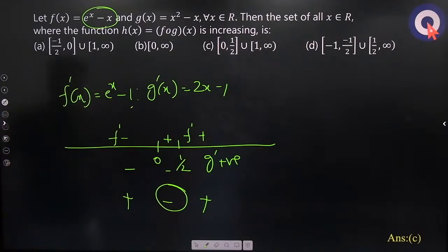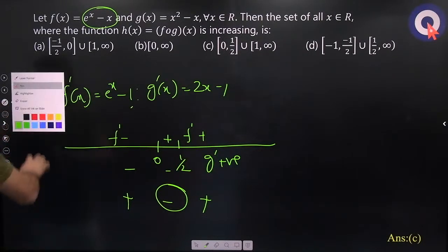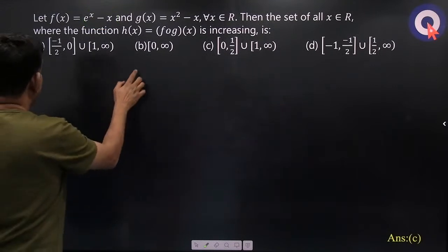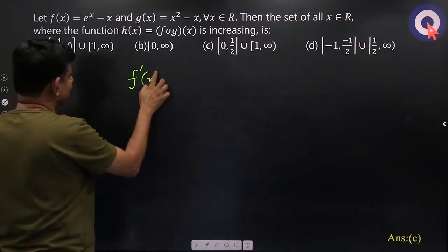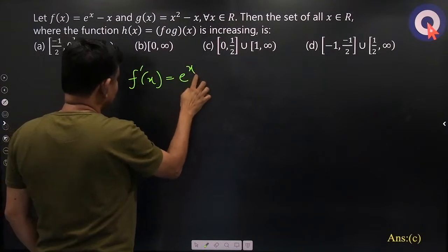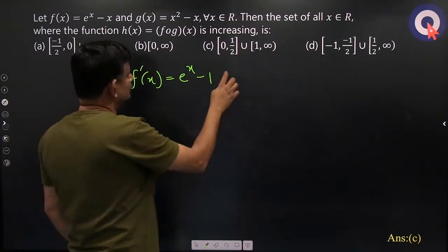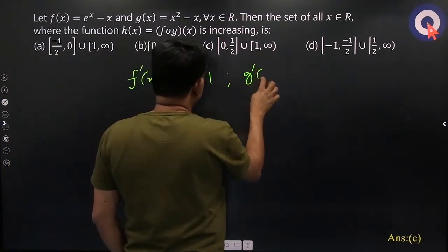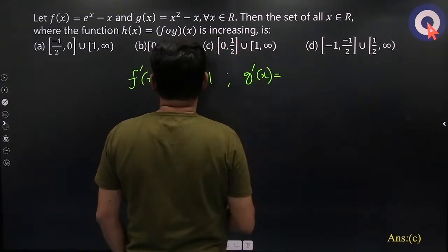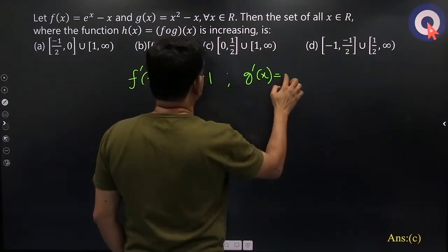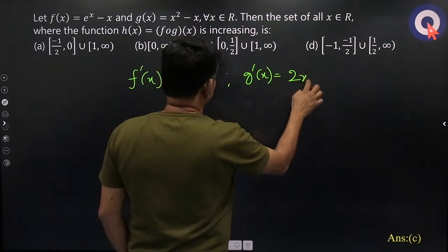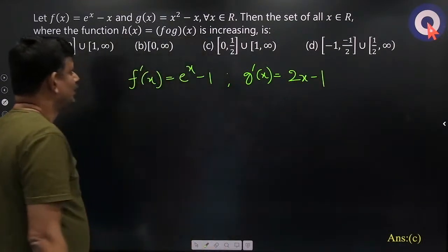Some mistakes with the answers. f dash x, what is it? e power x minus 1. g dash x, what is it? 2x minus 1. Okay.